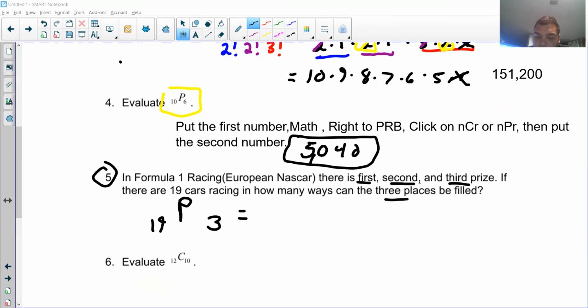And if you type that in the calculator, it should be 5814. So there are 5,814 ways there could be a podium.